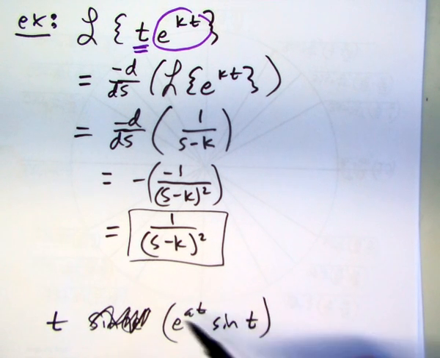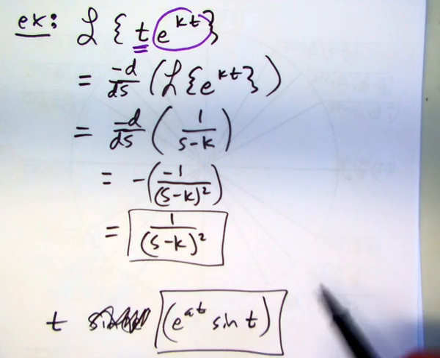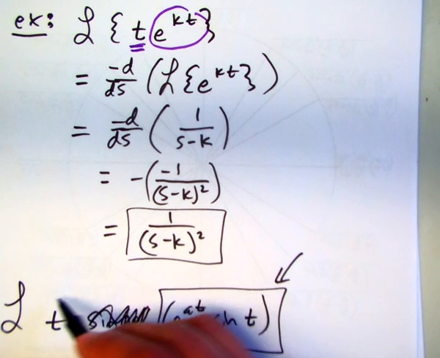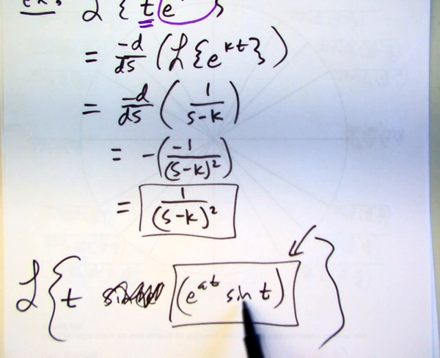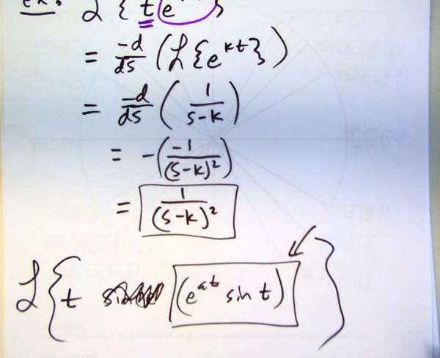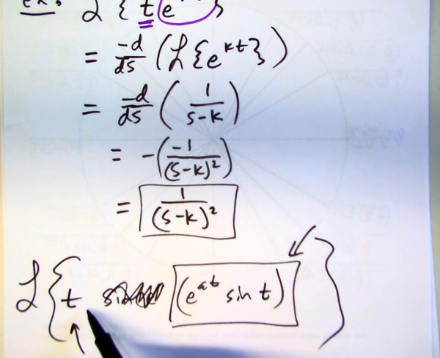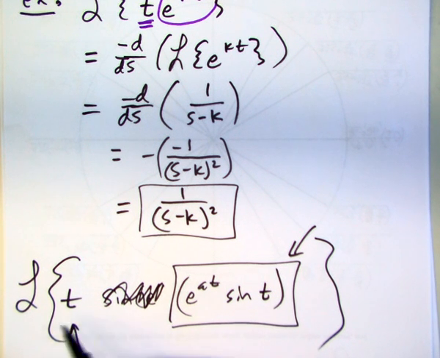Then what you would do, that's a good question, is treat this as you normally would. Use the first translation theorem first, find the transform of that in terms of s, and then now you can take the derivative of that. Or if it was t squared, twice, and make it positive. Does that make sense? Okay.